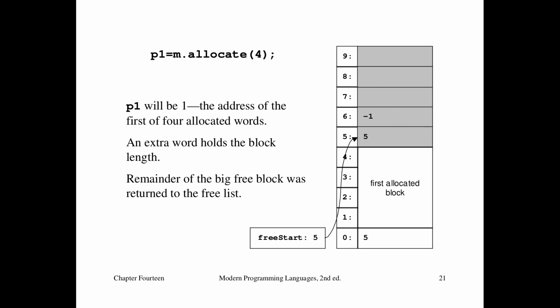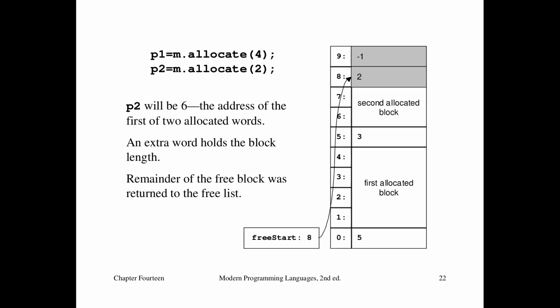And then the remainder of the free block is returned to the free list. So that would be this thing, I think that's correct. Yeah. And so free start then points to 5, because that is obviously the head of the free list. So we're good to go.